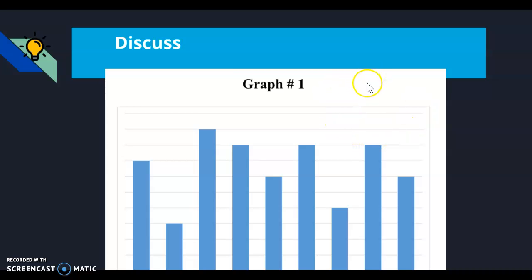And for those of you in the live session, I want you to type into the chat bar what you notice about it and what you wonder about graph number 1. We're going to pause for just a couple minutes to give you an opportunity to look it over really well.